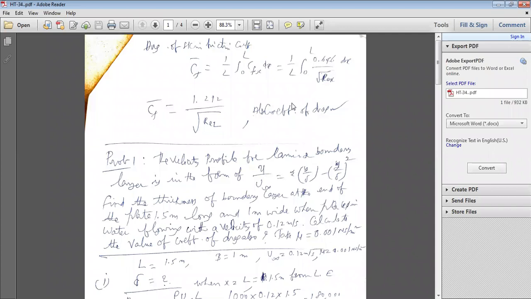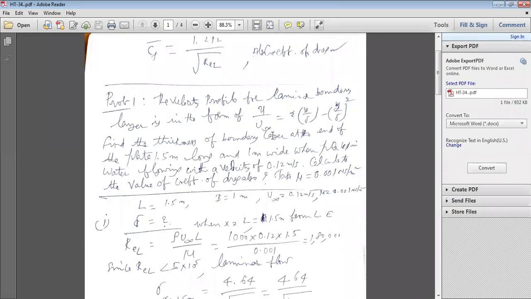So we have arrived at the equations: boundary layer thickness delta is equal to 4.64 into x divided by square root of Re_x, local convection coefficient Cfx is equal to 0.646 divided by square root of Re_x, and average convection coefficient Cf bar is equal to 1.292 divided by square root of Re_L.